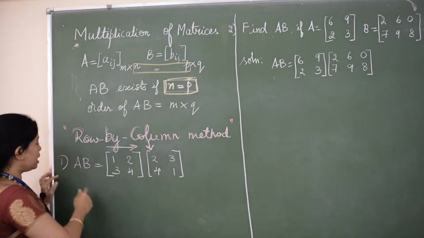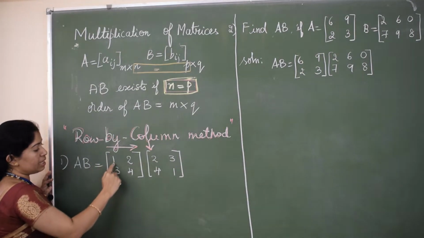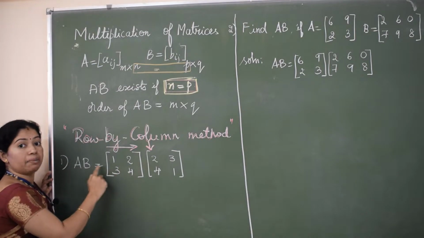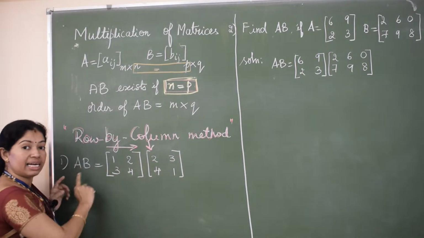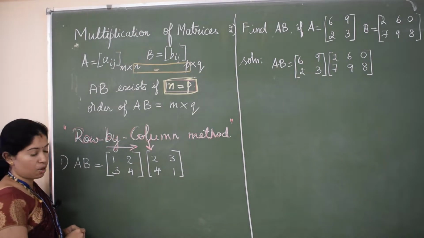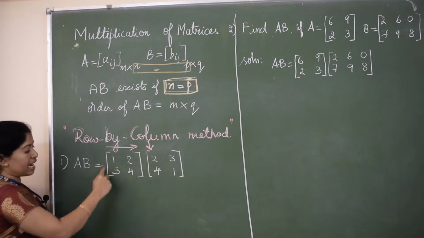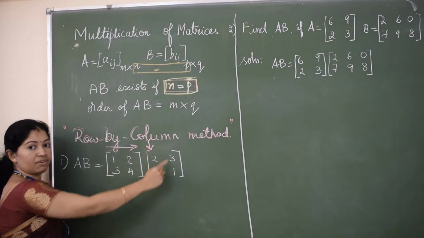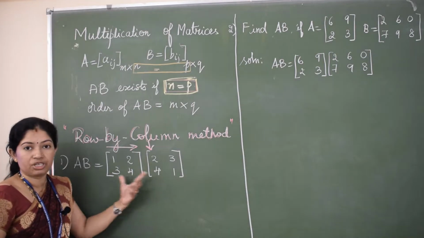So here I have taken matrix A containing the elements 1, 2, 3, 4 and matrix B containing the elements 2, 3, 4, 1. Let us multiply these two matrices now. I have written product AB is equal to matrix A times matrix B. Now we need to multiply these two matrices.